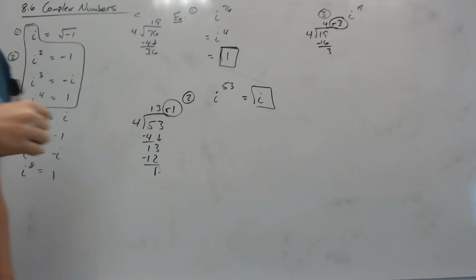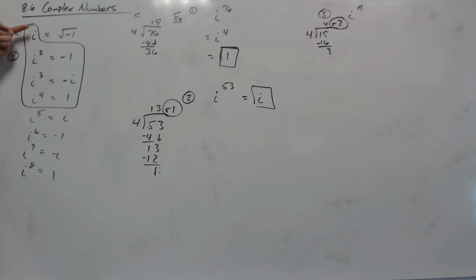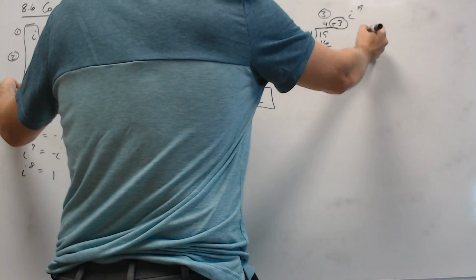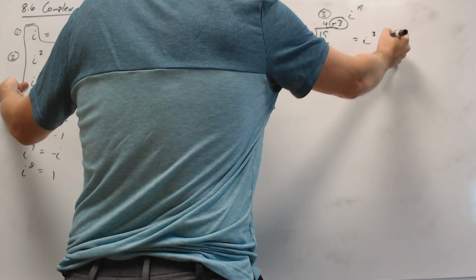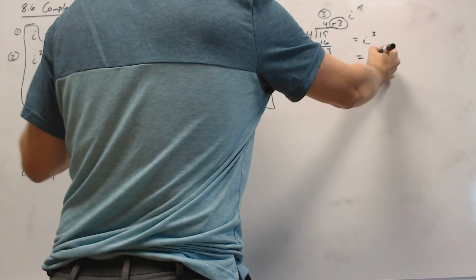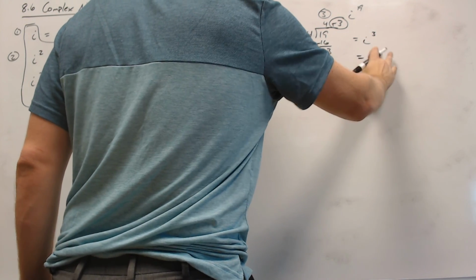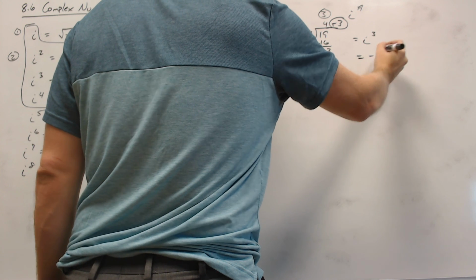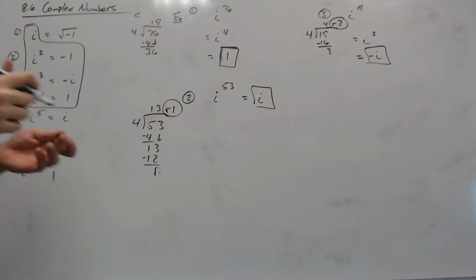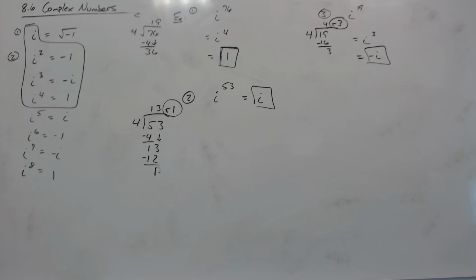The remainder of 3 is telling me it's going to be i to the third, which is really equal to -i. Okay, so every single one of your answers for these is going to be one of these 4 options. You just have to figure out which option it's going to be.